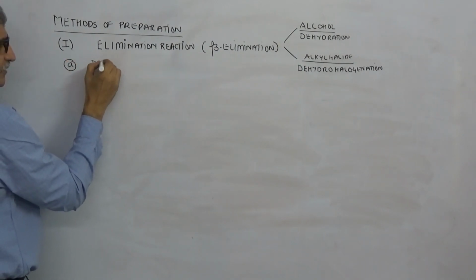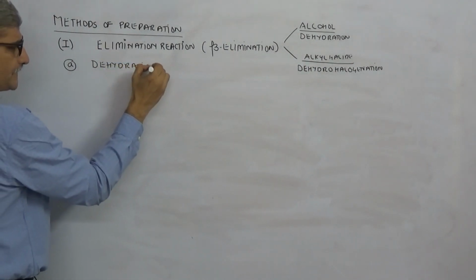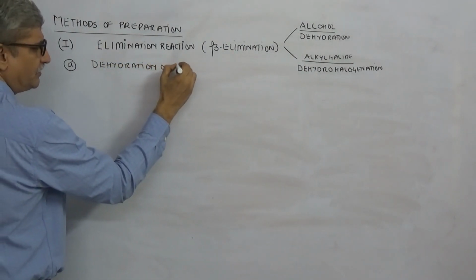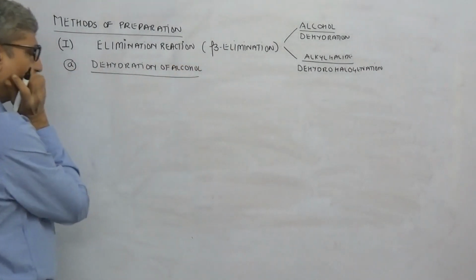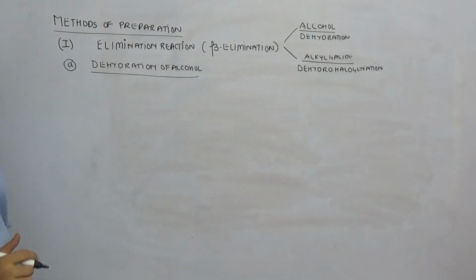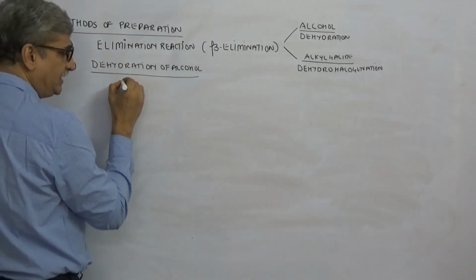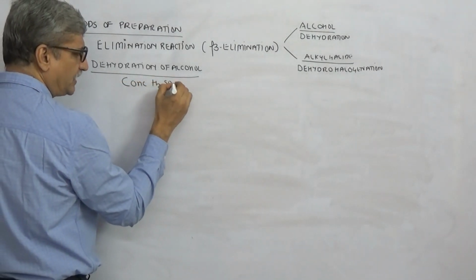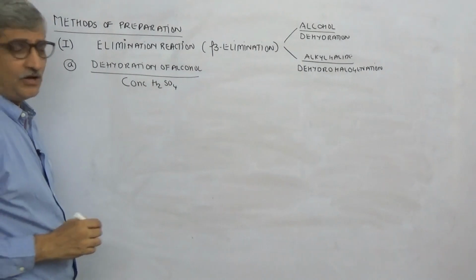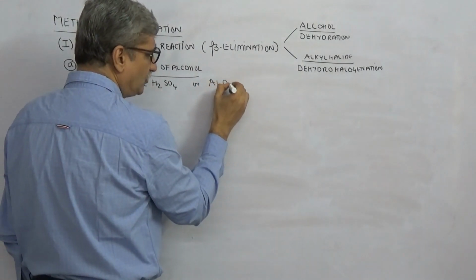So the first thing we are talking about is dehydration of alcohol. What is the dehydrating agent? The dehydrating agent we mainly use is concentrated sulfuric acid, or you can use alumina, Al2O3.